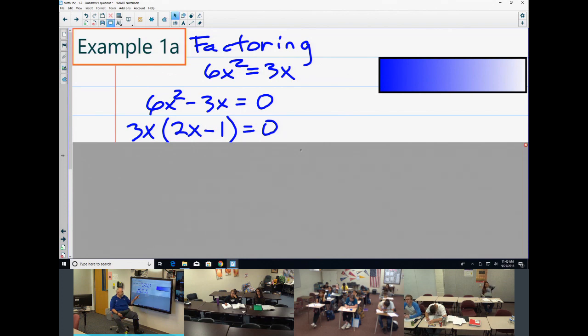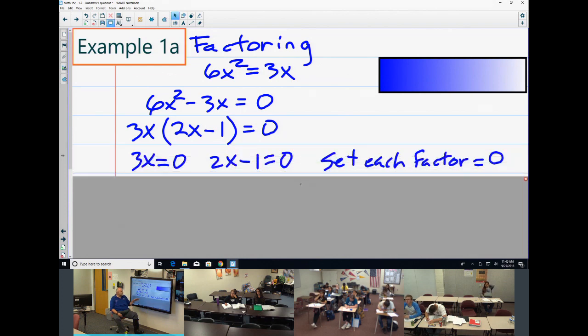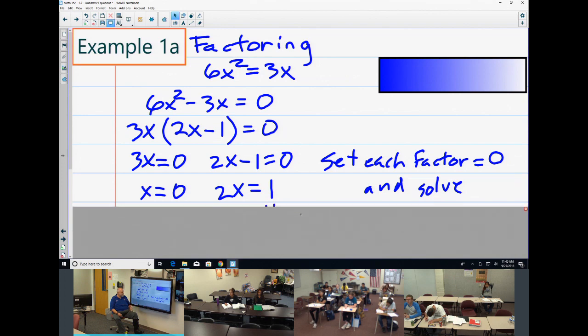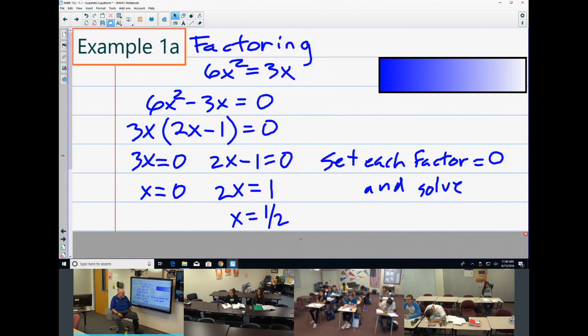Now I set each factor equal to 0. So you say 3x equals 0, or 2x minus 1 equals 0. And then solve each of those linear equations. Here I divide both sides by 3, and I get x equals 0. Here I add 1 and divide by 2, and I get x equals 1/2.